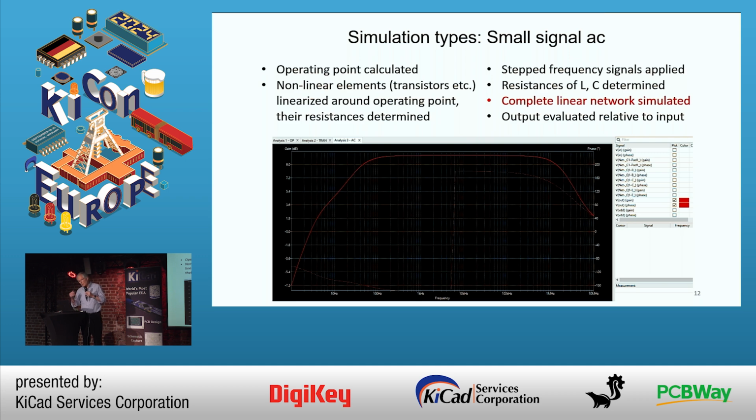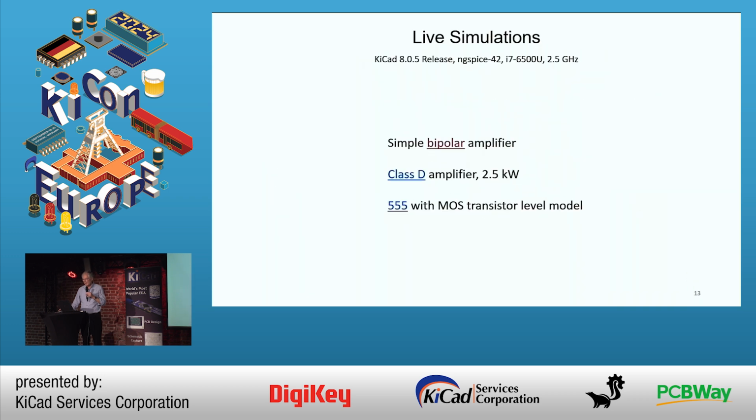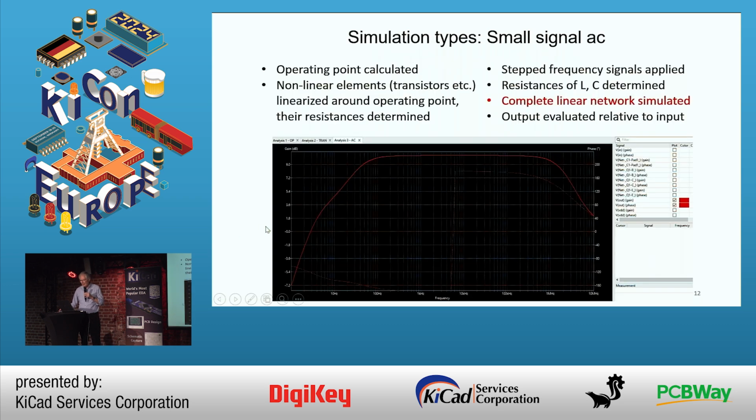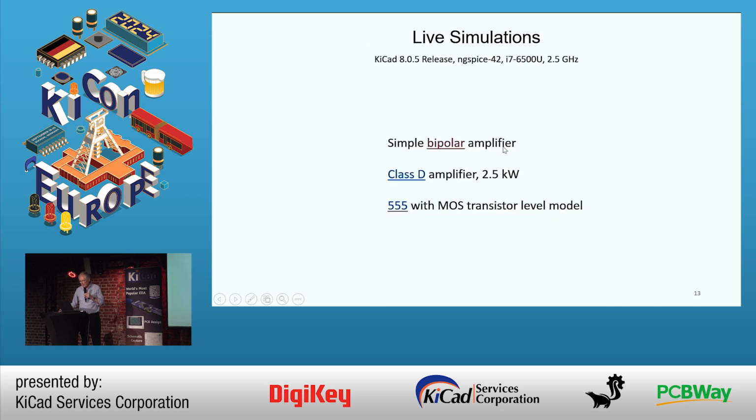These operating point, transient simulation, and AC simulation are the most important simulation types we have. There are several others, but these prevail. So let's check if I can do some live simulation. Installed on this machine is KiCad 8.0.5, ngspice 42.